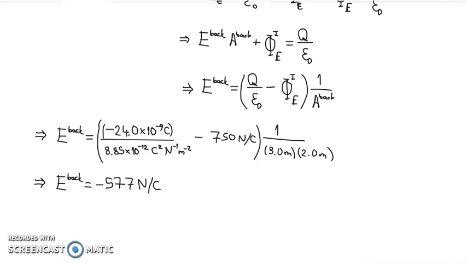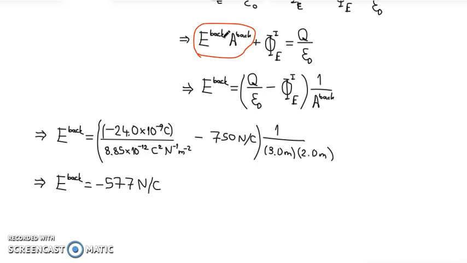Now, does that mean the electric field is pointing in a negative x direction? Actually, in this case, it doesn't mean that. When I substituted the expression for flux through the back surface, I assumed that it was just E times A, assuming the electric field was pointing outward from that surface as well.